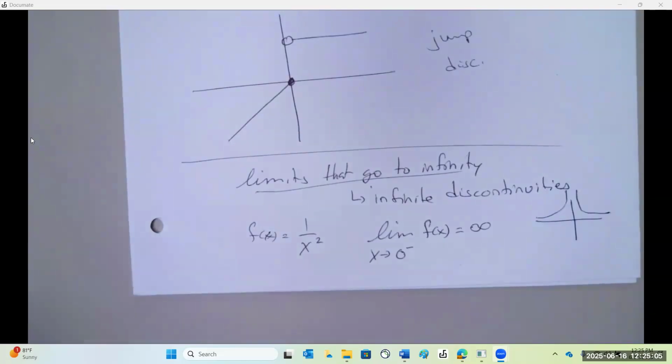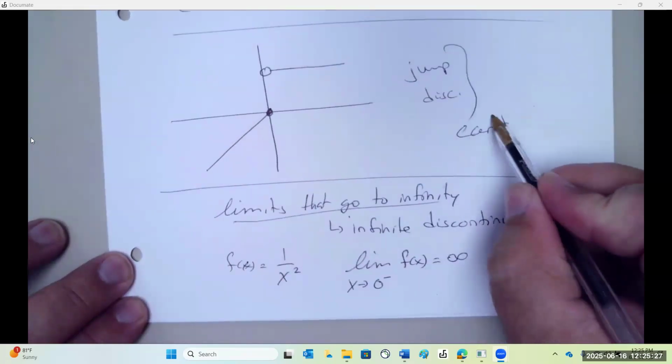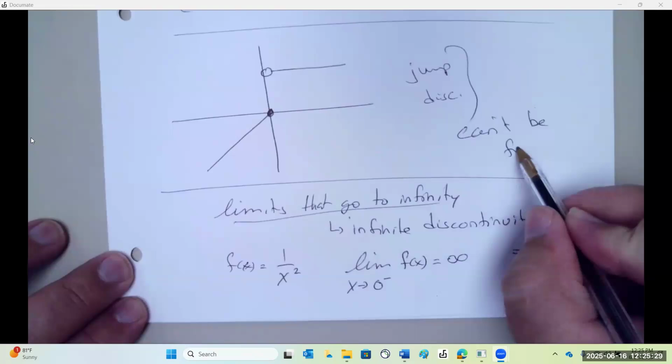There's no way we can fix one of these because it would take rewriting the entire function again or doing a transposition, a shift of one of them, which we can't do. If we did a shift of one side of the function, then we'd have a jump discontinuity, which again, we know can't be fixed.